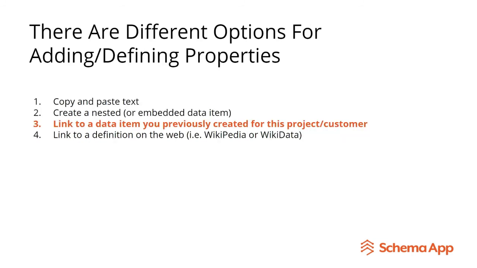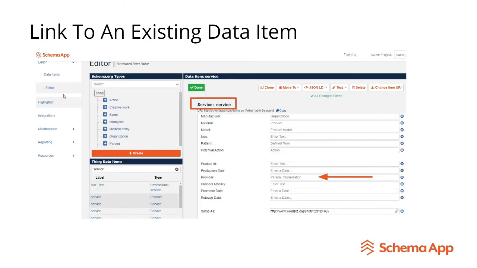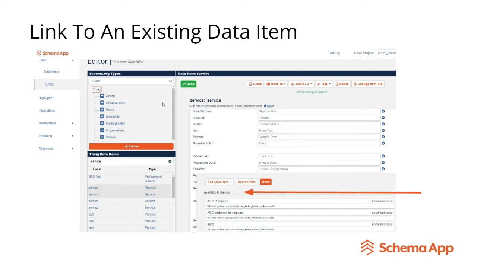Now you can link to existing data items that you've previously created for this project or customer. So for instance, if I was creating a service data item, and I wanted to indicate that the provider of this service was the organization, then I can click on that field and the available instances will show up. And I could maybe select the first one, ABC Company.